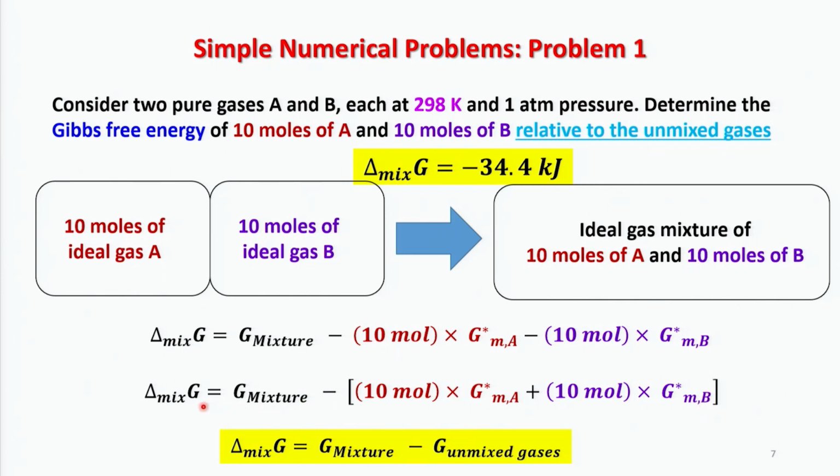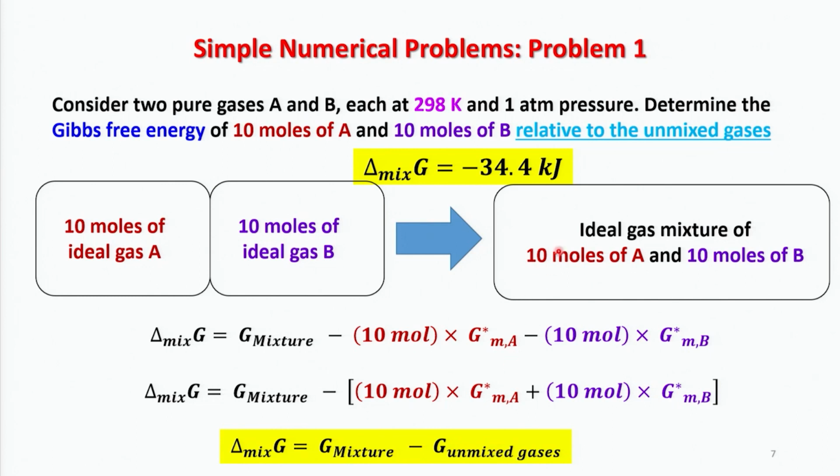So, if I look into the second equation here, delta G mix or delta mix G, whichever way you prefer to call it, is actually the difference between the Gibbs free energy of the mixture and the Gibbs free energy of the unmixed gases.